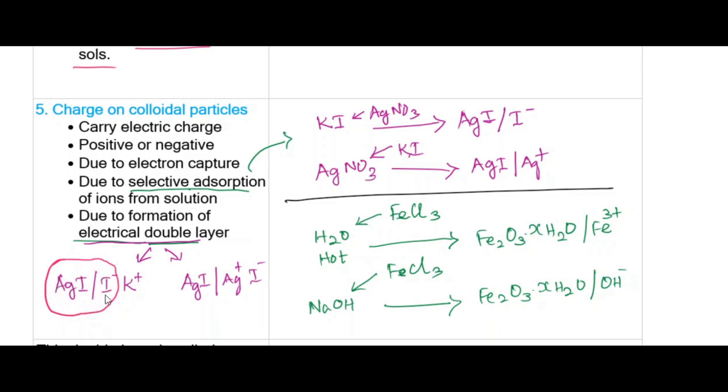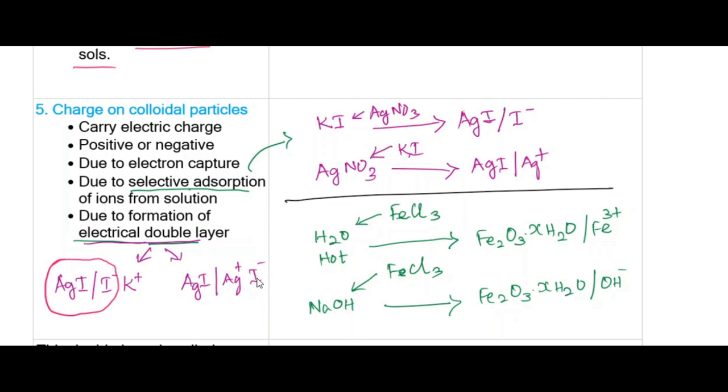And immediately the potassium ions from the solution will be surrounding this, and thereby it forms what I call a double layer. Similarly, when we take silver iodide surrounded by Ag+ in the first layer, immediately a second layer, the iodide layer, surrounds that Ag+.